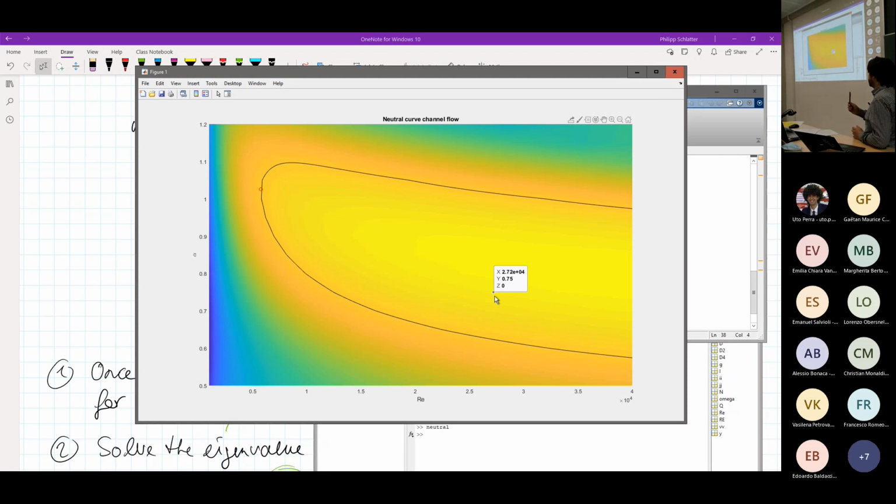And of course, that is now quite easy to see. You just go from the left and you see where I, for the first time, touch the neutral stability curve. And you see this red dot here? This here is actually the point which has the lowest Reynolds number at which the channel becomes unstable. And this actually is a kind of a magic number in stability theory, 5,772.